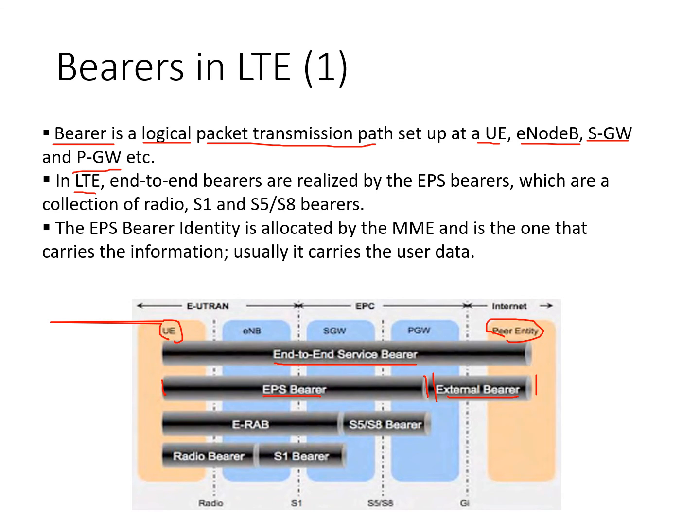EPS bearer can also be divided into two different bearers. This is E-RAB bearer, S5, S8 bearer. Also E-RAB bearer, this is radio bearer, and this is S1 bearer. Okay, from eNodeB, and this is S1 bearer.